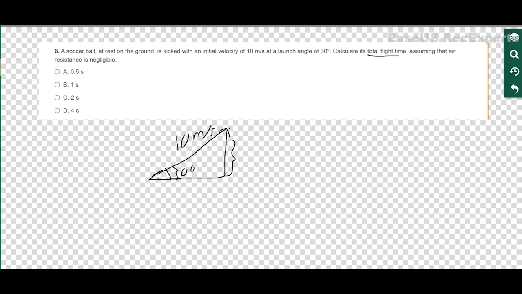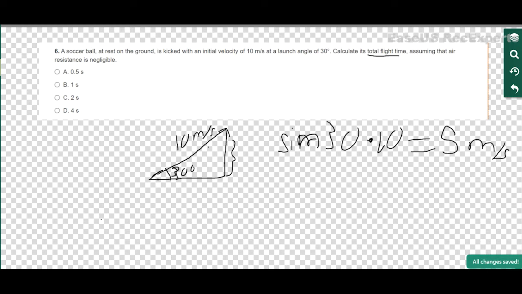With that, we can just use trigonometry, and you have sine 30: opposite over hypotenuse. Your opposite from 30 is going to be your vertical component. Sine of 30 is equal to 0.5, and then you multiply that by 10. So you get 5 meters per second in the vertical direction.